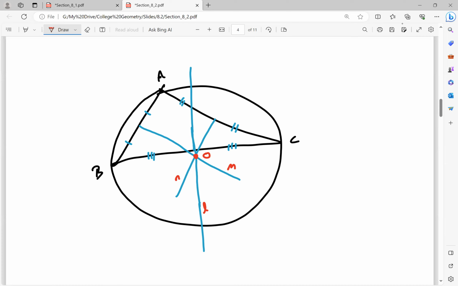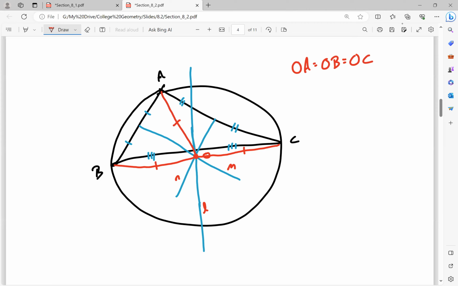We can just look at OA and OB and OC and say, well, you've got this perpendicular bisector there. And so we know that OA equals OB equals OC by our hypothesis.